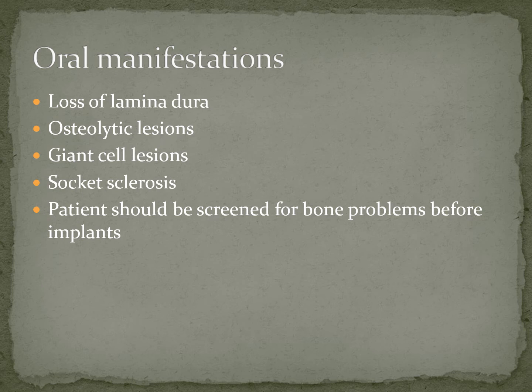So if you are going for a bone graft or implant placement, be careful with these patients. If we are going for a dental implant in this case, we will take a consent opinion, and only then can we start the procedure.